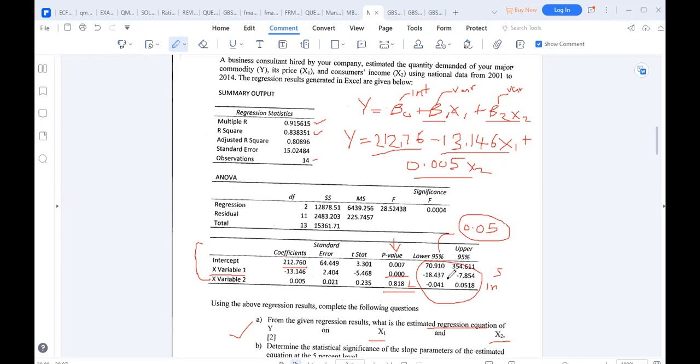You can see negative 18 and negative 7. This one doesn't have a 0 in between, so this is a significant value. But if you check here, negative 0.04 and 0.05, one is negative and one is positive. Whenever you have such a situation, know that the variable is not significant. So this is the only thing you needed to know. That's all.